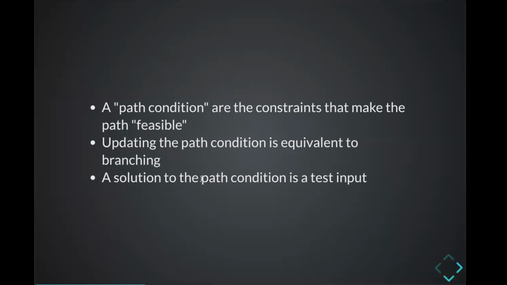The only time you can update the path condition is if there was some kind of division necessary of the set of inputs that currently comprise the path condition. And the solution to the path condition will therefore be a test input for that path.